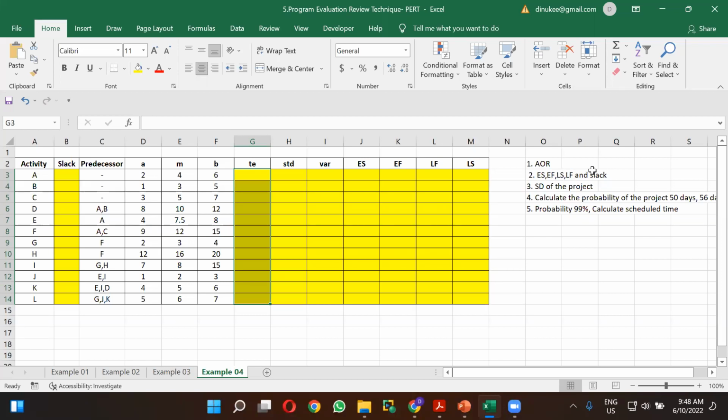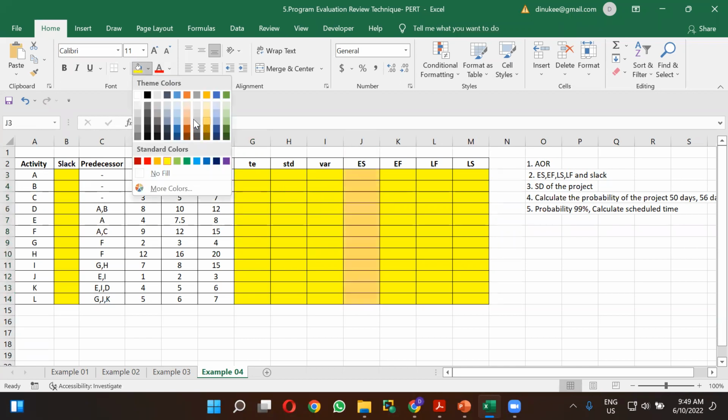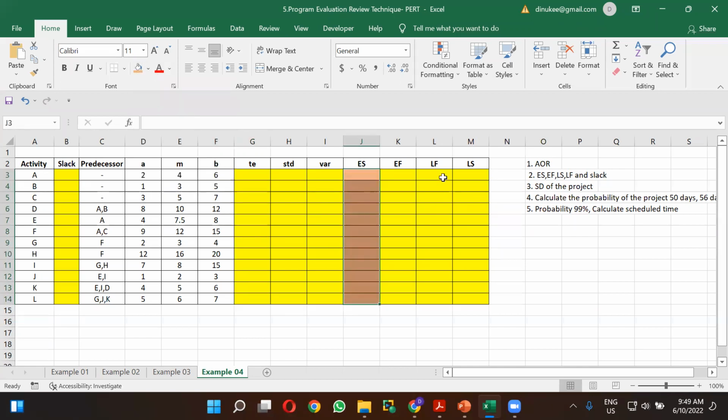So in the activity on arrow approach, we are denoting events as a circle and we are calculating the early start and late finish time, right? Therefore, the early start time you can take directly from the project network as it is. And the late finish time also you can take from the project network.